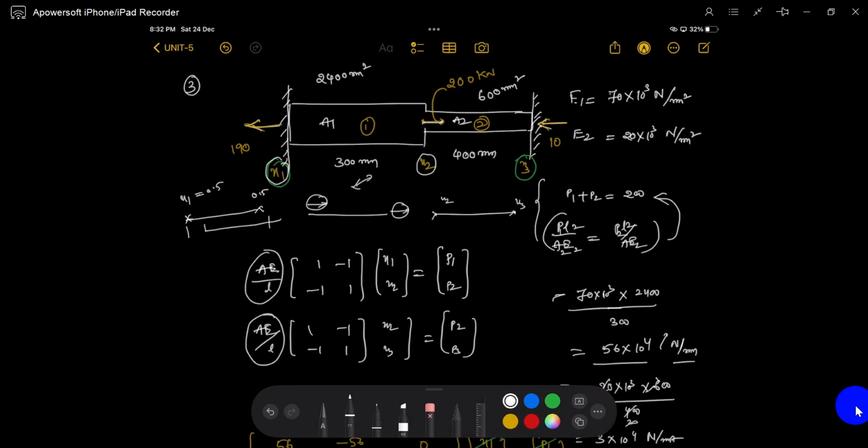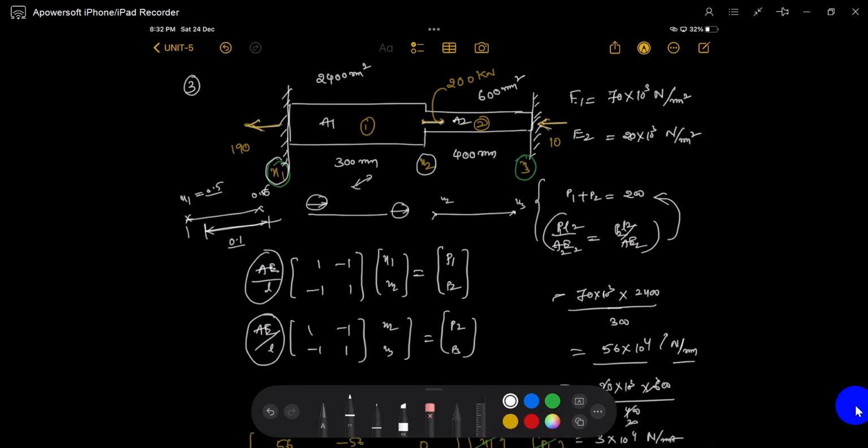There is no displacement in the member. The elongation or compression in the member means u2 minus u1. If both have the same value, the total member is displaced, with no deformation in the member. Understood? If it is 0.6 mm and 0.5 mm, the displacement in the member is 0.1 mm. Only for that displacement are stress and strains developed.